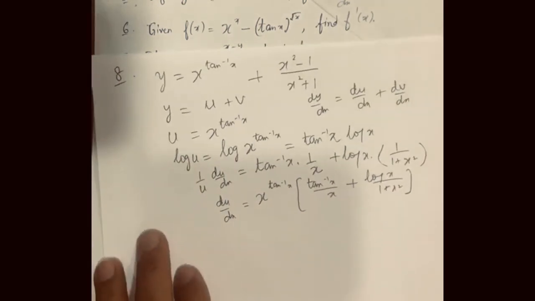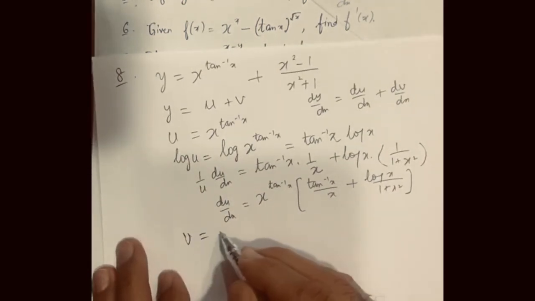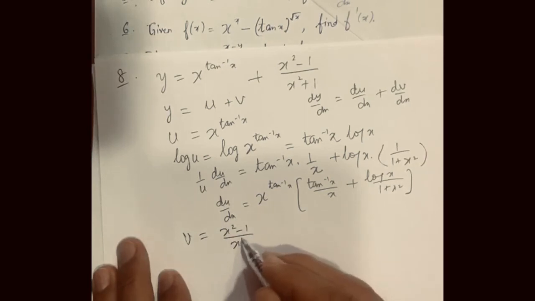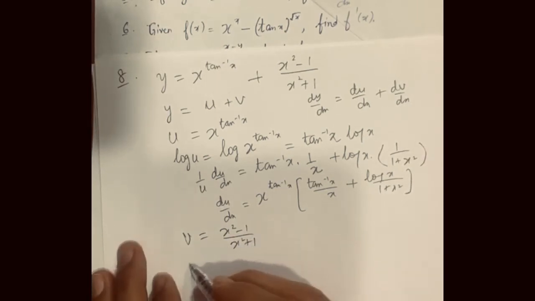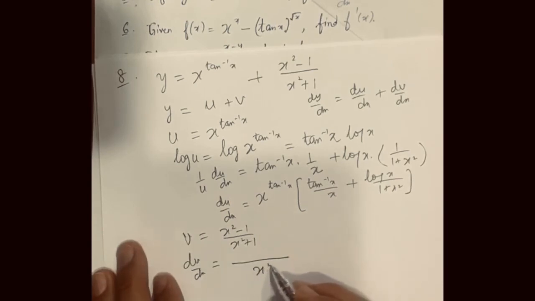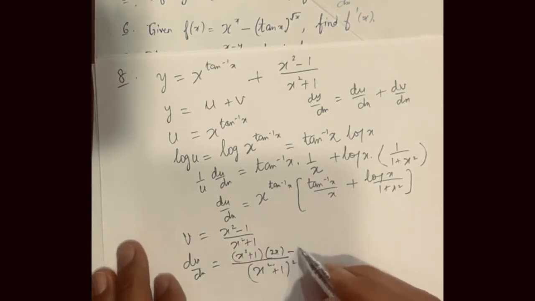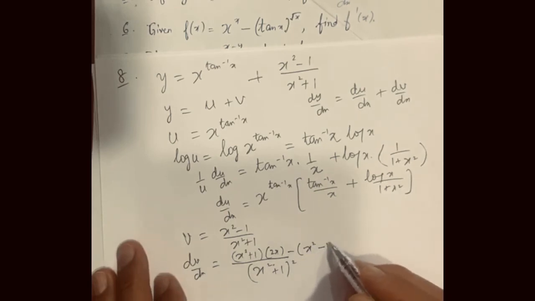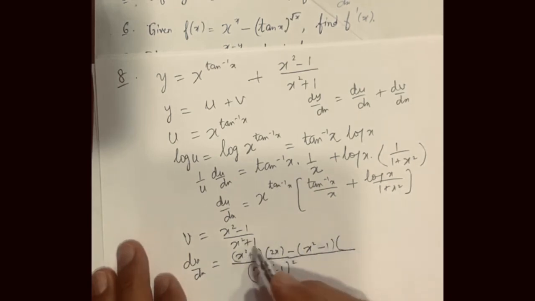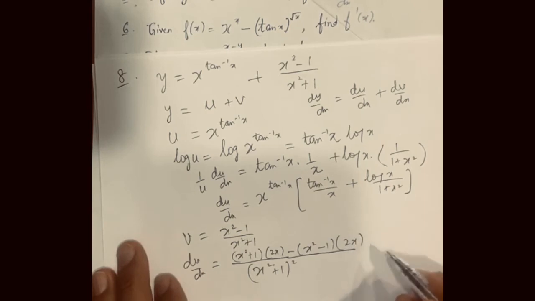The second part, v. This is x square minus 1 upon x square plus 1. For dv by dx, this will be quotient rule: x square plus 1 whole square in the denominator, then x square plus 1 into derivative of x square minus 1, which is 2x, minus x square minus 1 into derivative of x square plus 1, which is 2x.